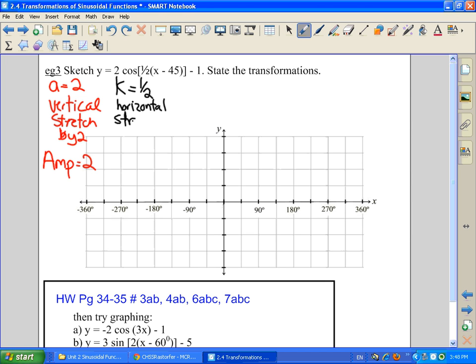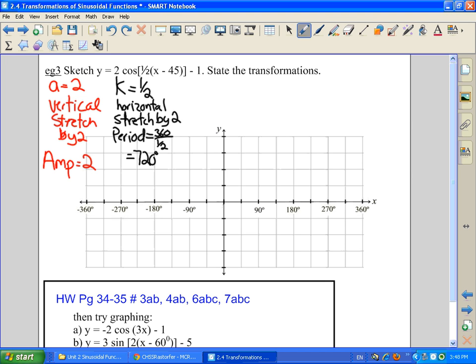Horizontal stretch by a factor of, remember you got to flip that, 1 over the absolute value of K, so it's going to be a stretch by 2. Okay, but what also does that tell us? That also tells us the period. So period equals 360 divided by 1/2. So my period, ladies and gentlemen, equals 720 degrees.